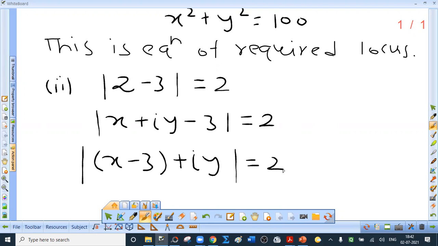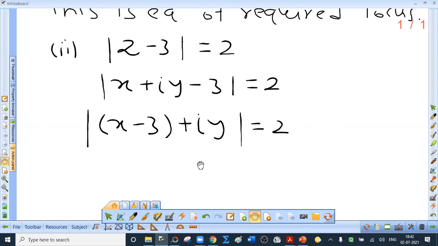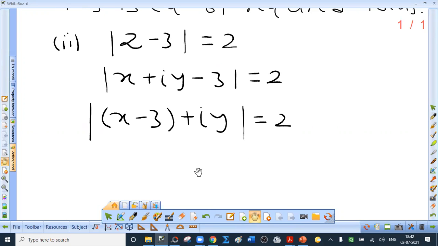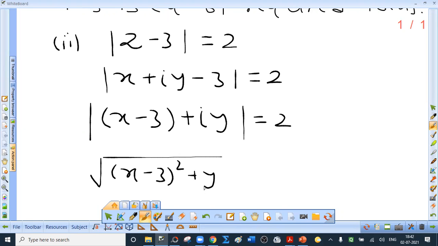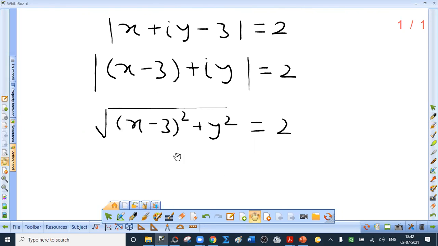This is not at all difficult, because we have done the concept of modulus of a complex number. Now, what is modulus of this? It is root of (x minus 3) square plus y square equal to 2. Square both the sides. On squaring, you get (x minus 3) square plus y square equal to 4. Below that, write down, this is the equation of locus.